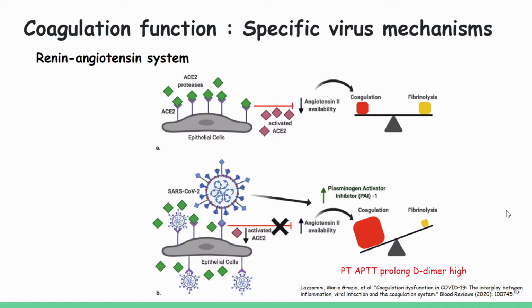But COVID-19 makes ACE2 decrease, because the virus competitively binds to the receptor on the epithelial cell, so it cannot produce enough ACE2 to keep a moderate level of angiotensin 2. When angiotensin 2 increases, coagulation is activated more than normal. This is one of the reasons COVID-19 patients may have a hypercoagulable state, leading to pulmonary embolism or DIC.